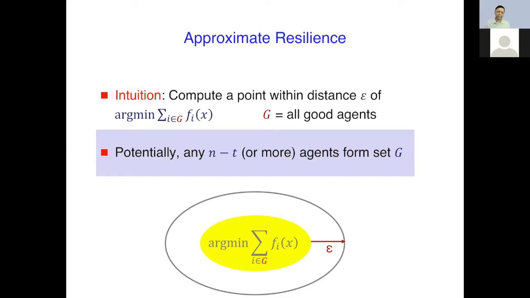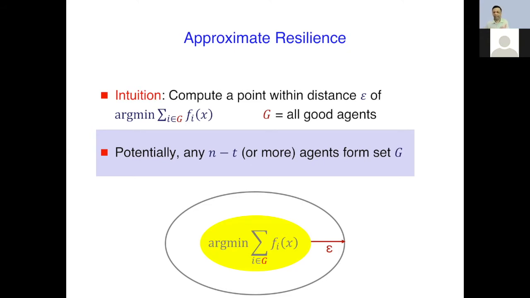And the intuition is that in a system where at most T agents are faulty, at least n minus T agents are fault-free. And in the situation where more than n minus T agents may actually be fault-free, we cannot really distinguish that from a system in which a subset of n minus T agents are actually fault-free and the remaining agents are faulty.